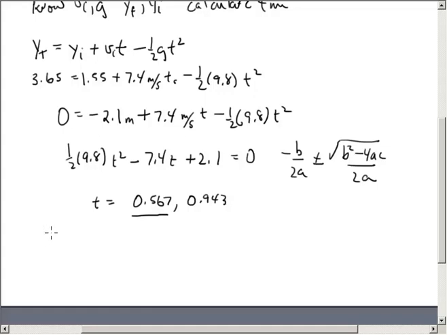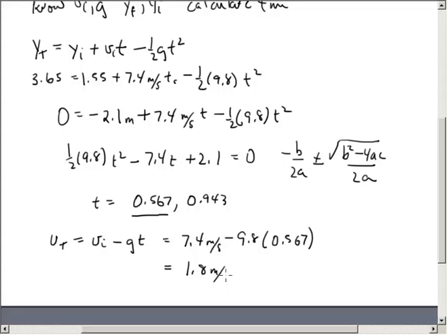Well, once again, we can go to our relationship that the final velocity, which would be v at the top of the wall, is equal to the initial velocity minus g times the time. And that's simply going to be equal to 7.4 meters per second minus 9.8 times 0.567 seconds. And that turns out to be equal to 1.8 meters per second.